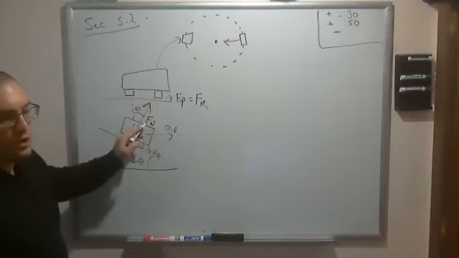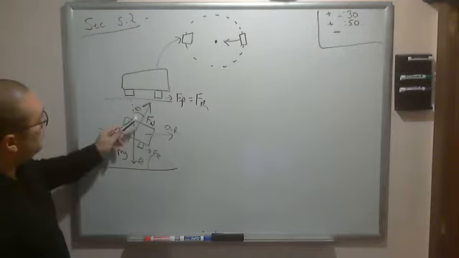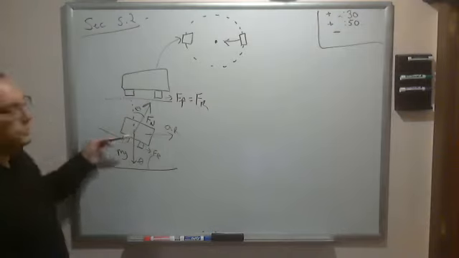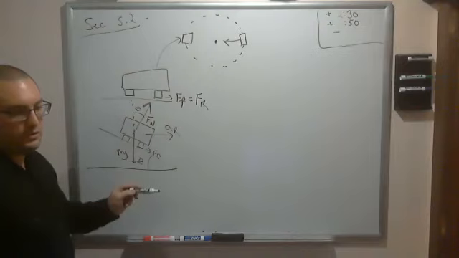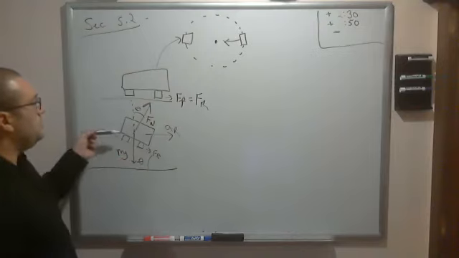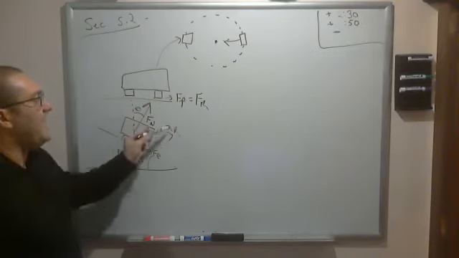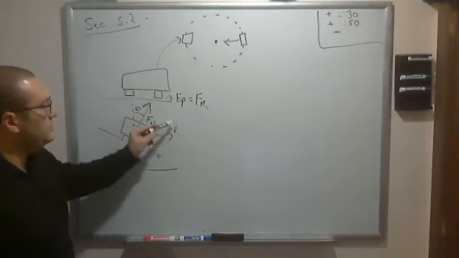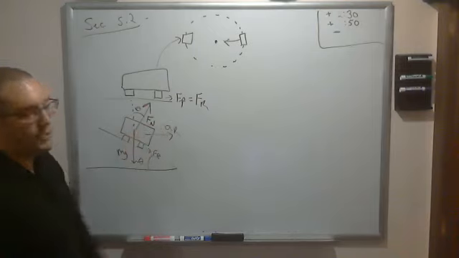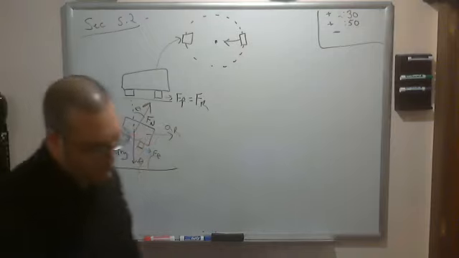Besides friction, we also have the normal force. Part of the normal force is now pointing in the radial direction. So we no longer just need friction, we could also use the normal force to satisfy the uniform circular motion, to satisfy this acceleration.